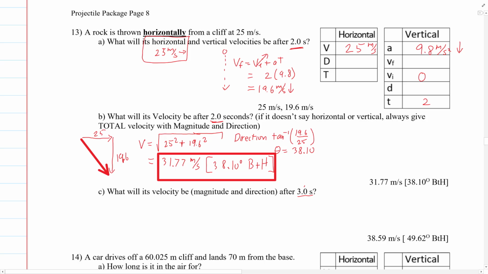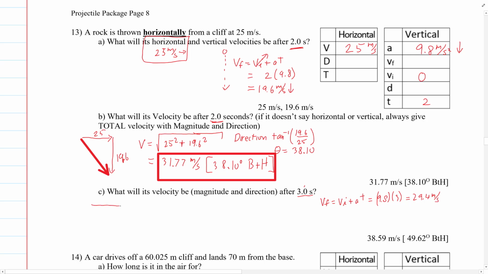And then it says part C will be after 3 seconds. So I have to find out the velocity after 3 seconds and then do all this again. VF is going to equal VI plus AT, which is 9.8 times 3, which is 29.4.